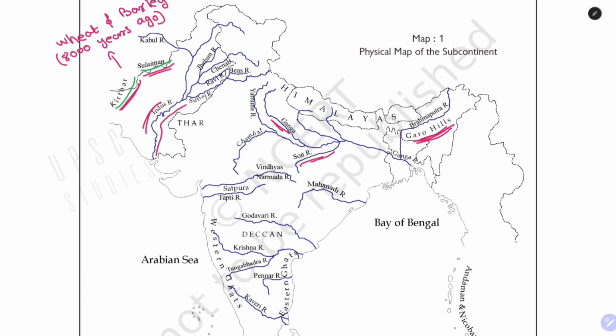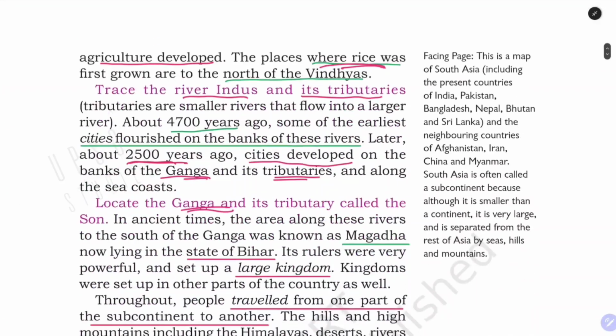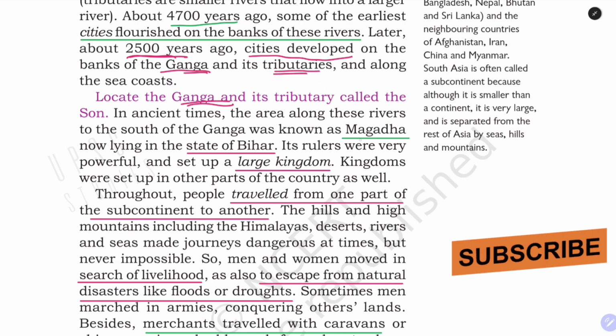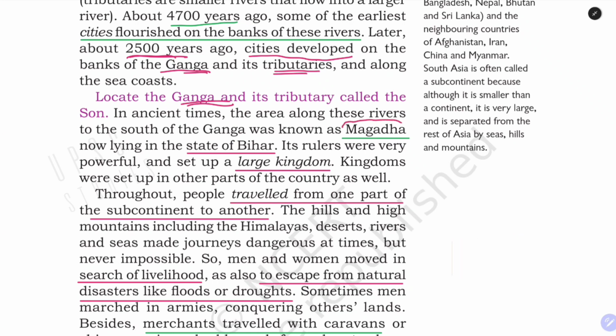It is one of the right bank tributaries of the Ganga. In ancient times, the area along these rivers to the south of the Ganga was known as Magadha. It is the one kingdom ruled there. It is now lying in the state of Bihar. It set up a large kingdom, that is Magadha. It is a large kingdom.